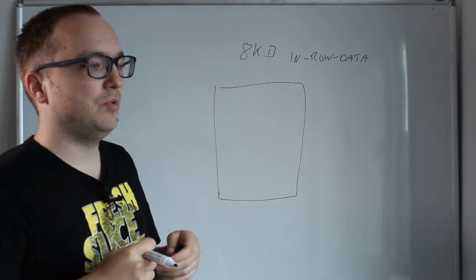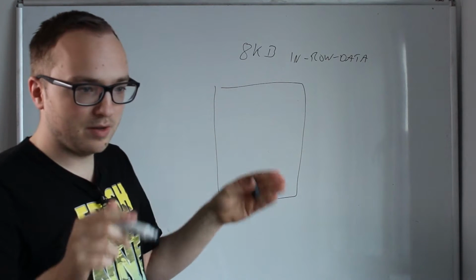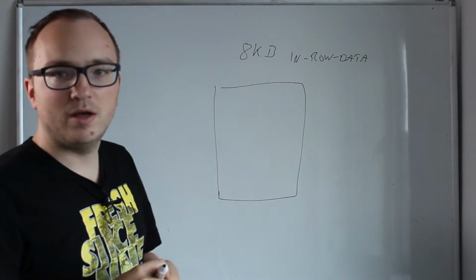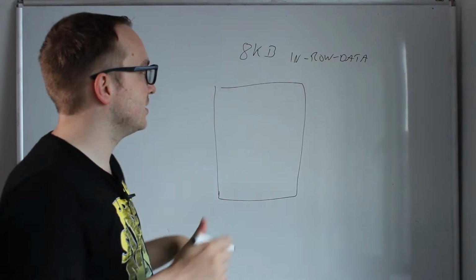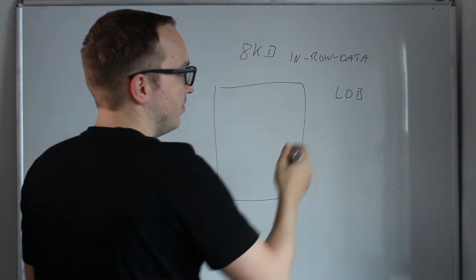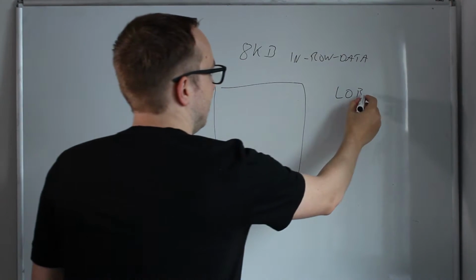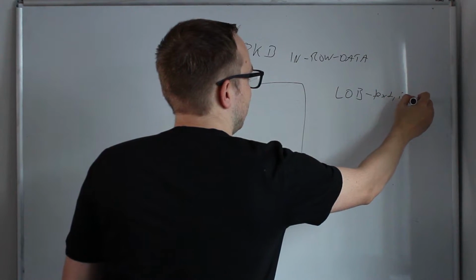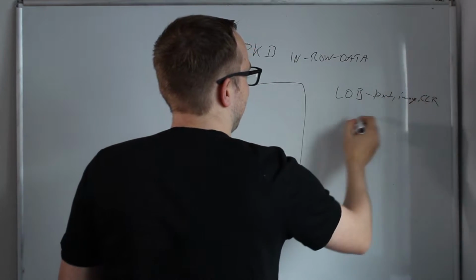But we have all rows that are below 8 kilobytes in width. We have in-row data. So there's also large object data, what I stated already, this is of type text or image or whatever user-defined data type we have here.